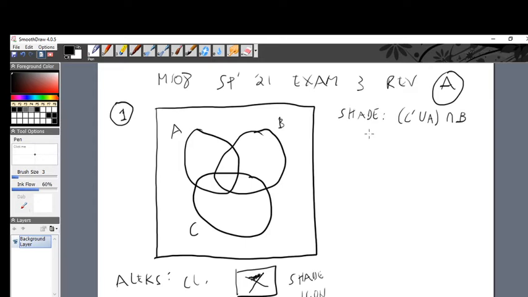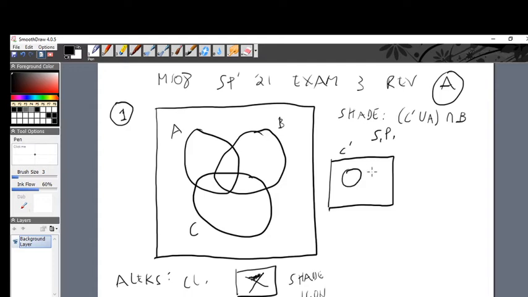Okay, let's go about doing this problem. Here comes scrap paper. Let's first draw a mini picture of C prime. What does C prime look like?